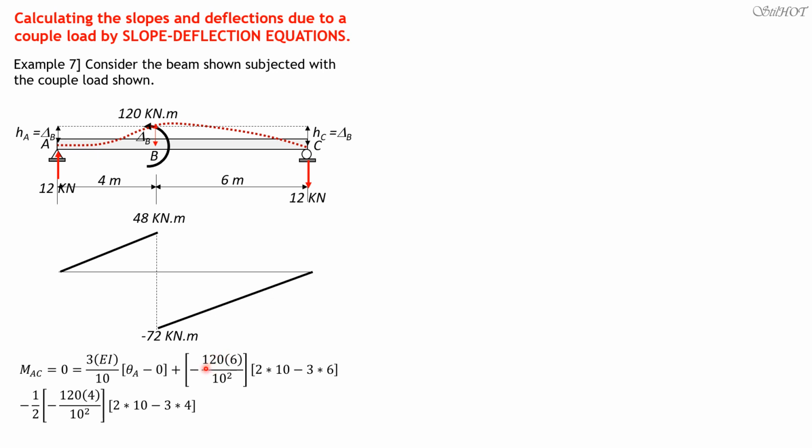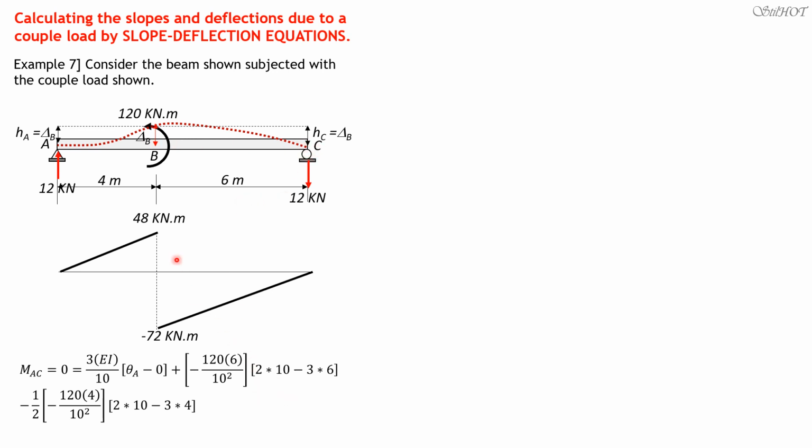So the formula is moment B over L squared times quantity 2L minus 3B. So moment is taken positive, negative because the couple is counterclockwise. The formula, when we derive the formula for a couple, was clockwise. Then L square is 10 square, quantity 2L, 2 times 10 minus 3B. B is the distance of the couple from the right support, which is 6.